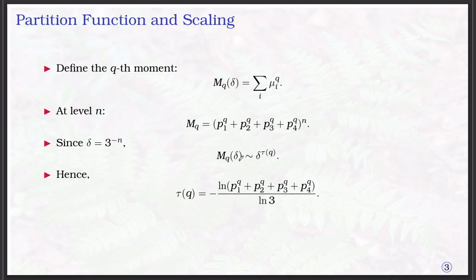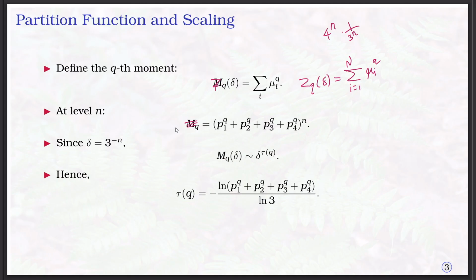Now we need to define the partition function. Z q of delta is defined as the summation of mu i power q, where i varies from 1 to the number of boxes. We have 4 power n boxes, each of size 1 by 3 power n.